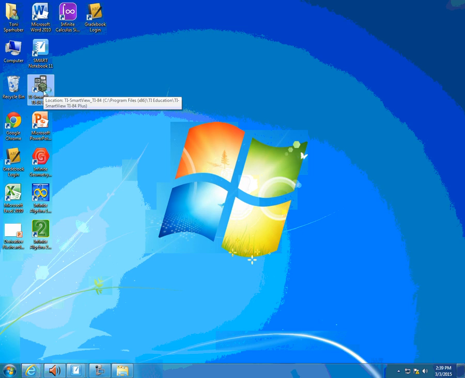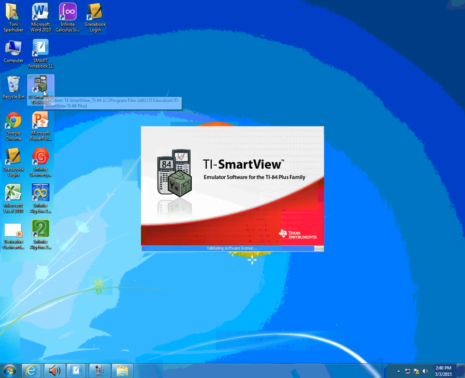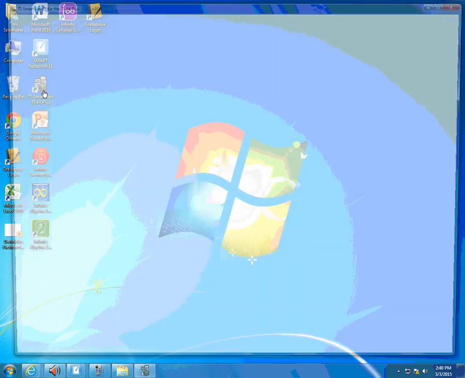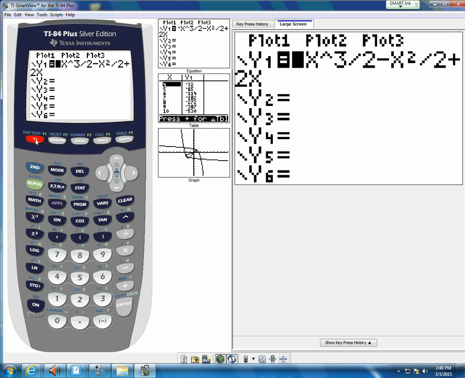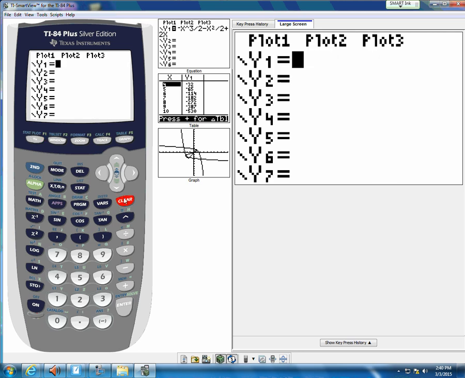And let's take a look at this region. So go ahead and enter those. Okay. So in y1, we're going to put in the ln of x squared plus 1.